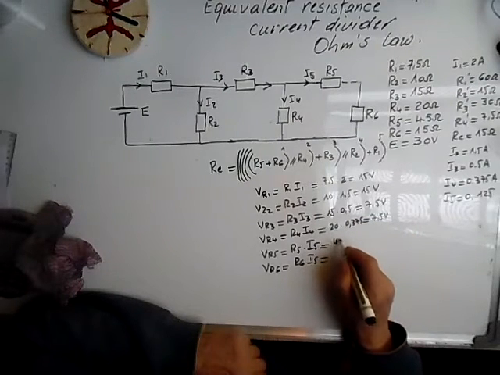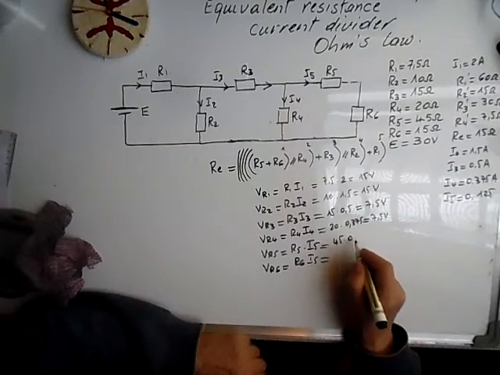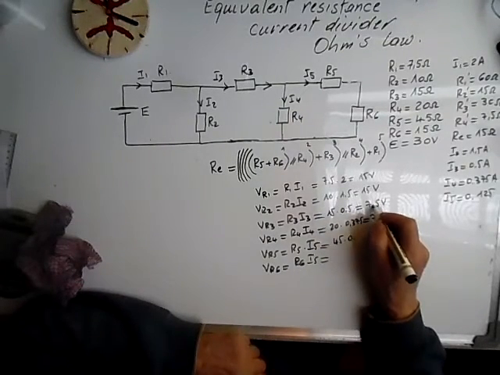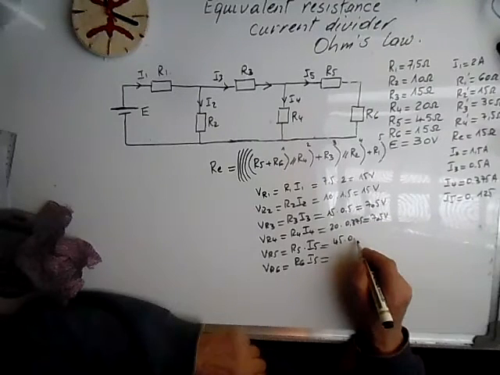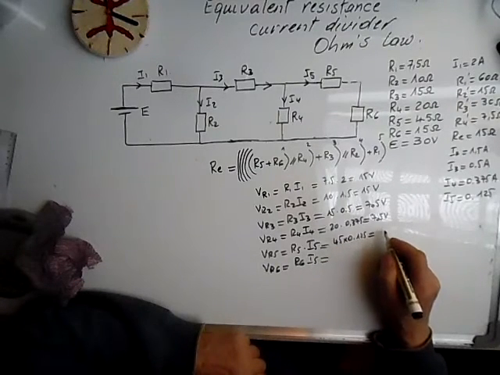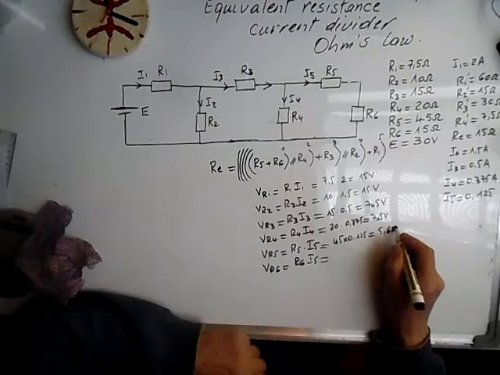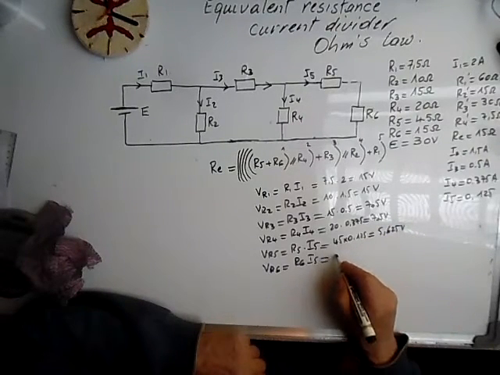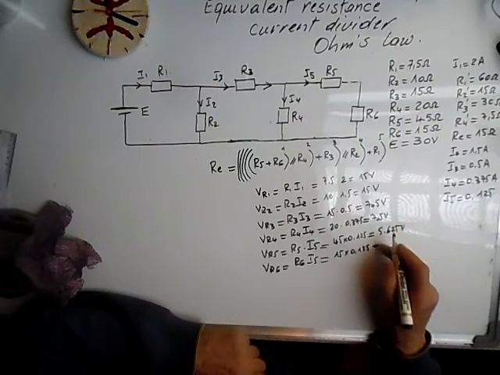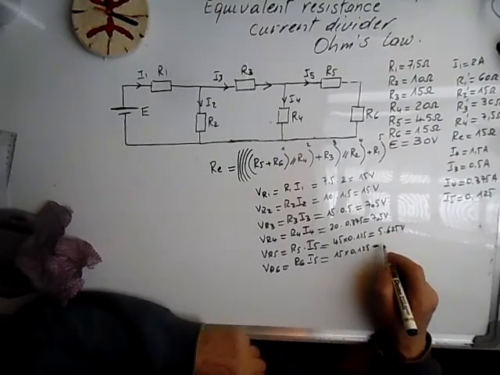R5 is equal to 45 times I5, which is 45 times 0.125, and is equal to 5.625 volts. R6 is equal to 15 times 0.125.